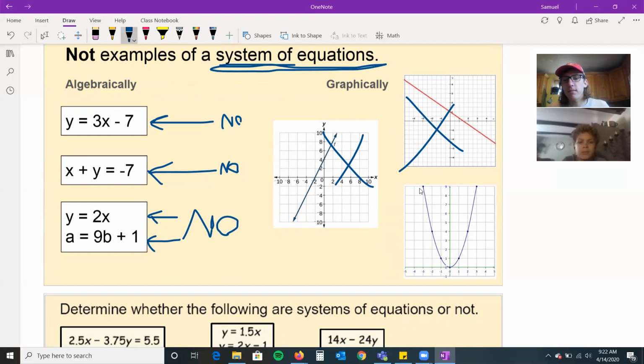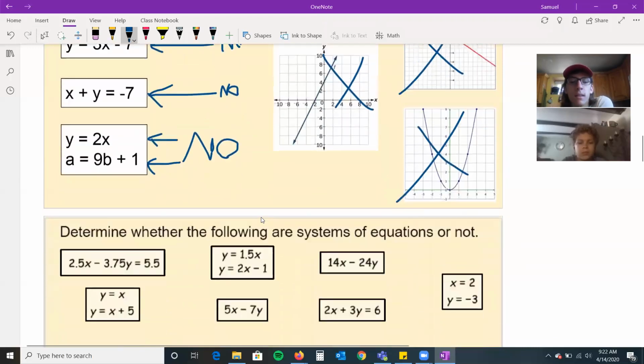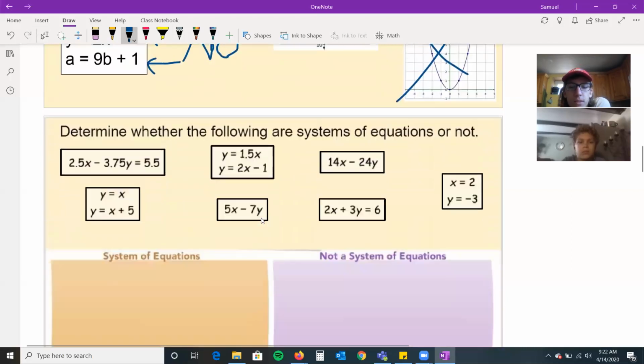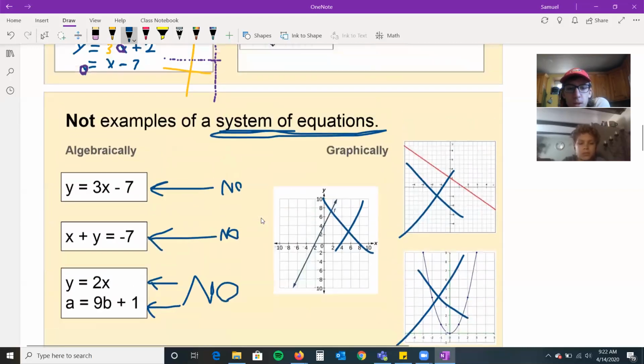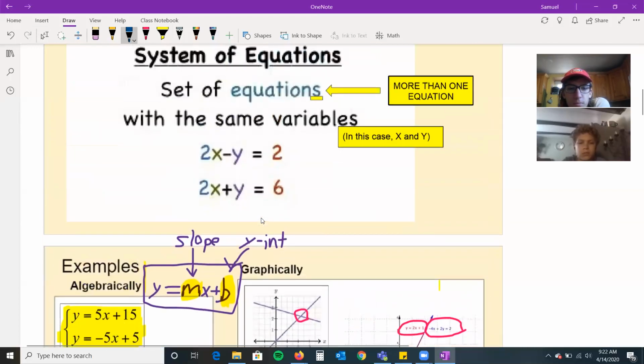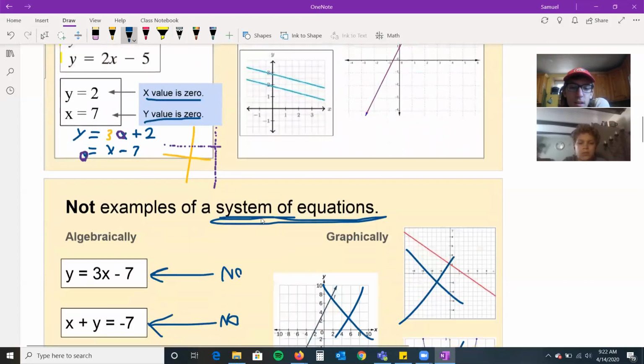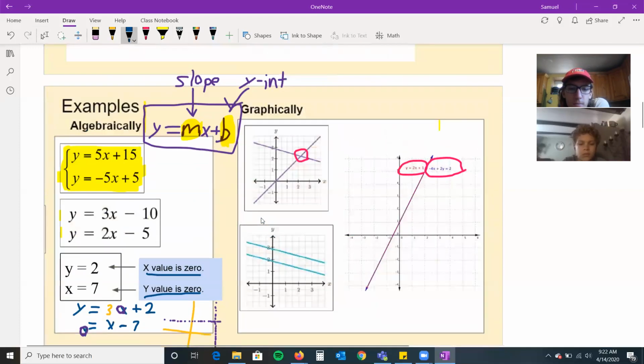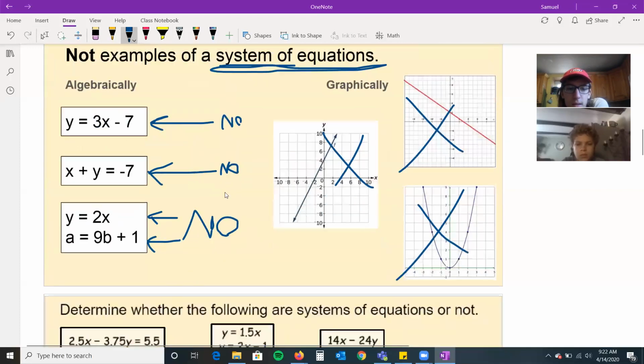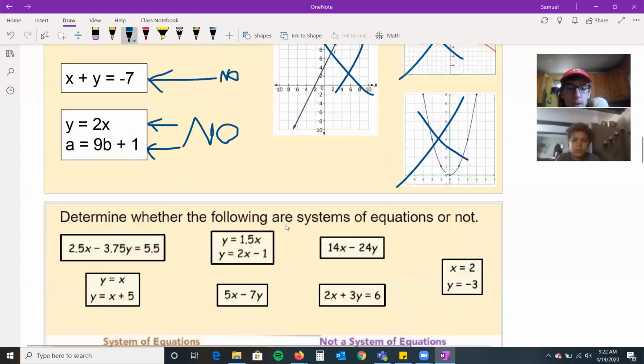But again, that's not two lines, that's just one equation. So, nope, no good. All right. So, we just went over first between what is a system of equation and what is not a system of equation, right? Systems of equations, not systems of equations.